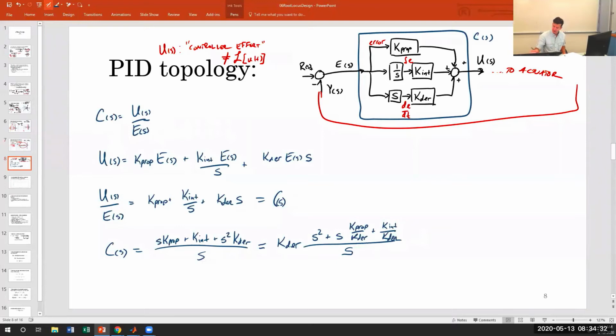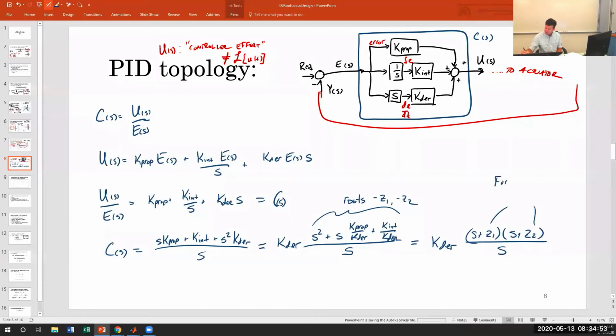So just to finish this off, you'll always be able to factor this, roots at negative z1 and negative z2, into something that looks like this. Where, of course, z1 and z2 are functions of the gains of all three, actually: K dir, K int, and K prop.